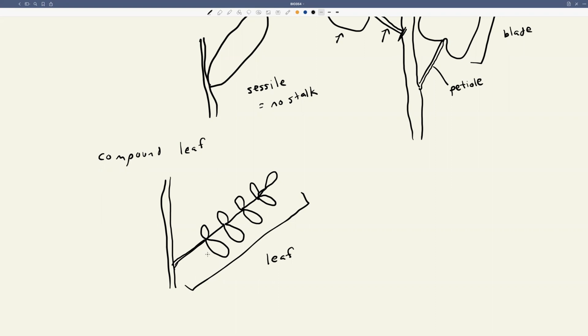This gets back to how leaves are initiated, how the pattern repeats. So just like we saw with the other leaves, if you had a plant with this kind of compound leaf as its leaf, all the leaves along the stem would have the same reproducible pattern.